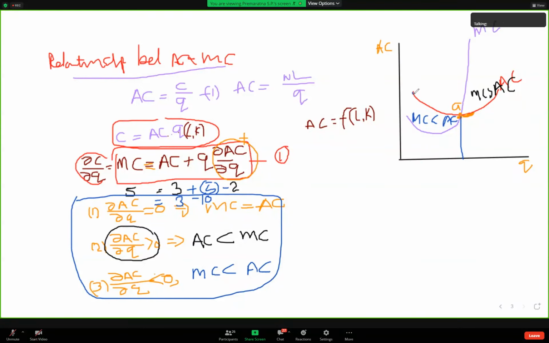Now you can see this relationship. Initially, while declining, the marginal cost is less than the average cost. It comes to the minimum point of average cost, where the marginal cost equals average cost. Then the marginal cost is greater than the average cost.